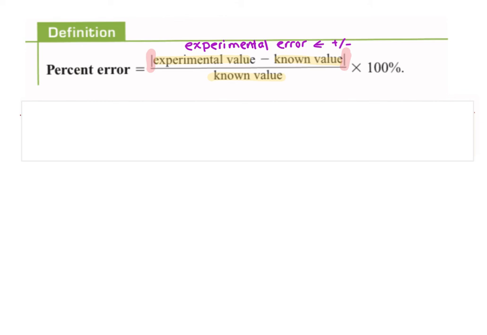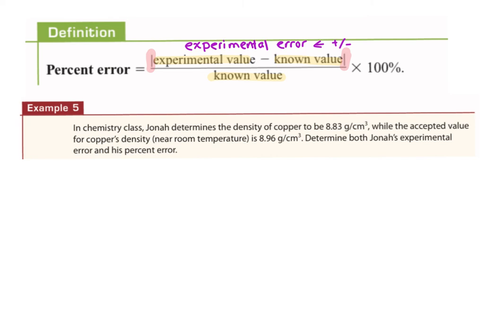So let's look at the word problem here. In chemistry class, Jonah determines the density of copper to be 8.83 grams per cubic centimeter, while the accepted value for copper's density is 8.96. Determine his experimental error and his percent error. If we want his experimental error, we're going to get what he actually got, 8.83, and subtract the known value, 8.96.